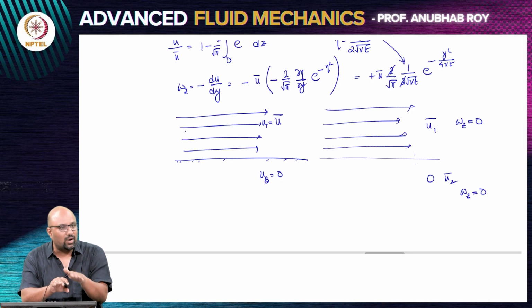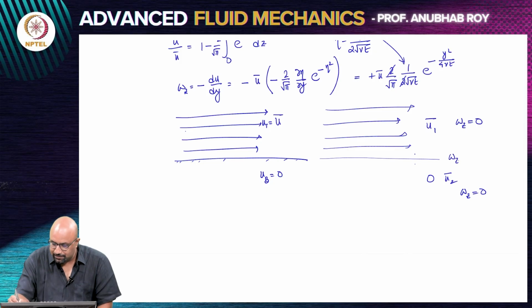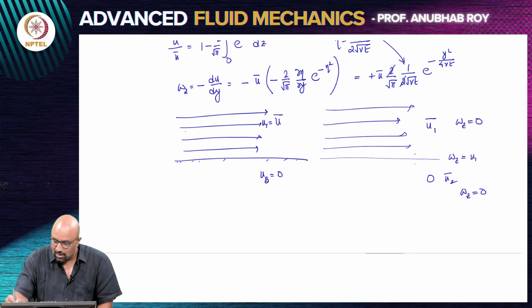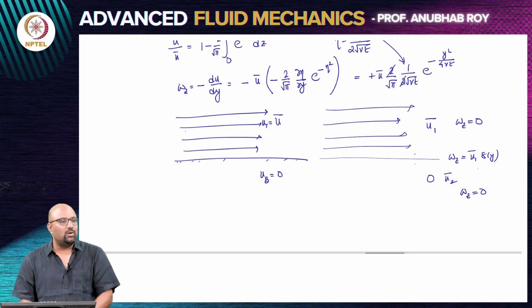It is jumping from one velocity to the other velocity over 0 thickness, which means that there is vorticity at that particular region, and this vorticity, if it was u1, would basically be u1 delta of y. If the bottom was moving with velocity u2, then it would be u1 minus u2 delta of y. So there is vorticity at the interface between the two streams.